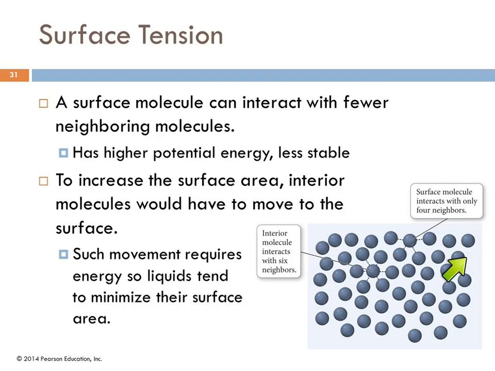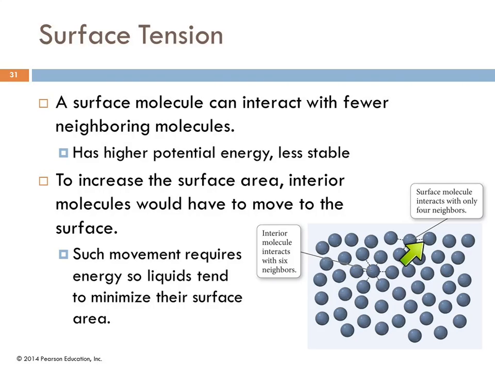Well, if we look at the particles in a liquid and think about the intermolecular forces that are holding them together as a liquid. Here we have a surface molecule, and in this illustration, it is only interacting with 4 of the neighboring molecules, whereas this interior molecule is interacting with 6, right?